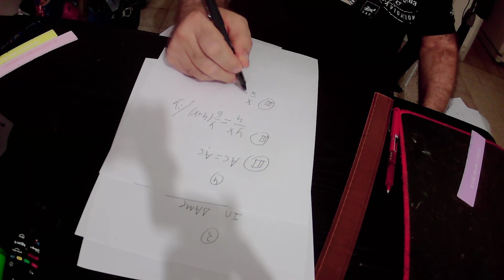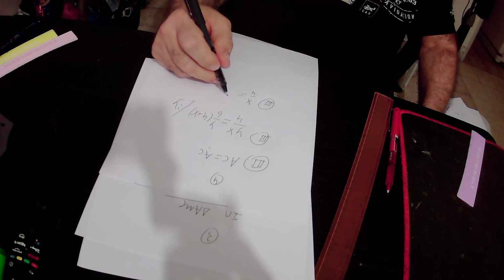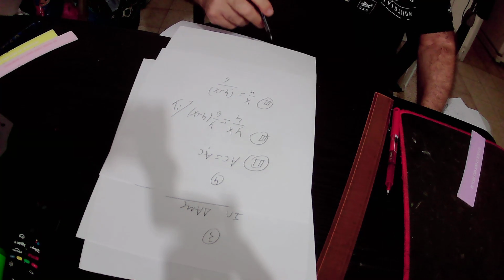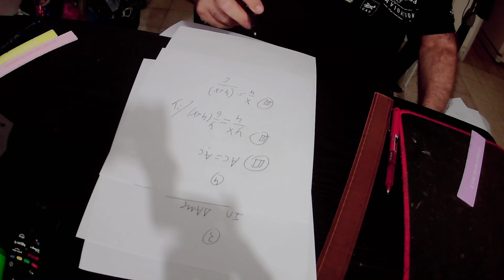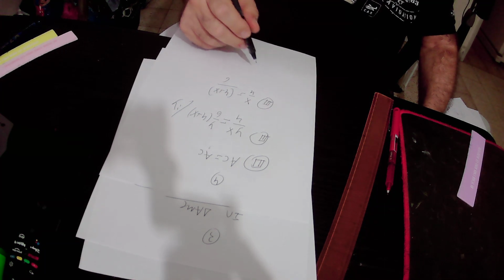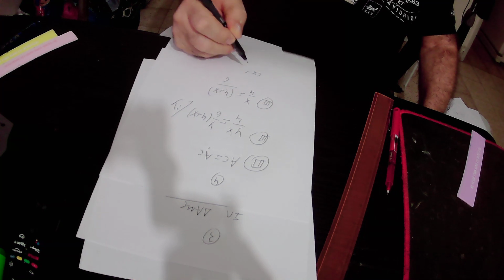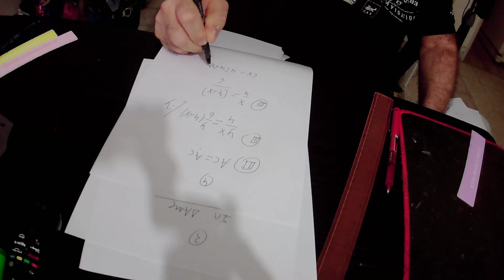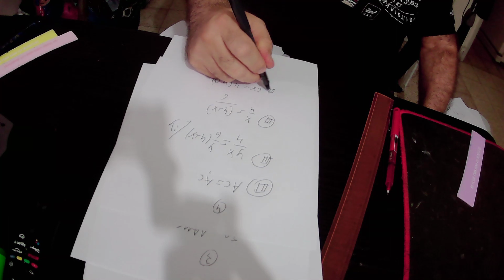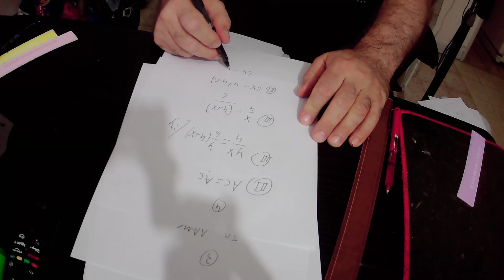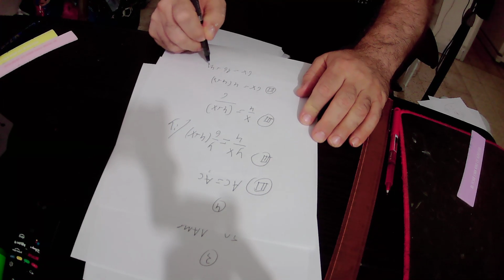x over 4 equals 4 plus x over 6. Here we will multiply this equality by 6 and by 4. We will get that 6x equals 4 times 4 plus x. 6x equals, we will open the brackets, 16 plus 4x.